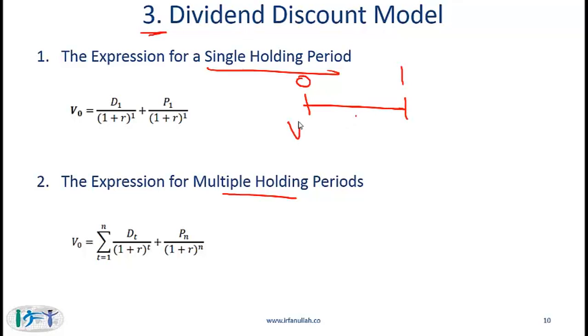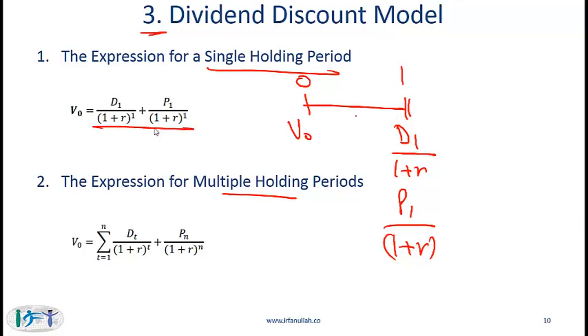So how do you come up with the value at time 0? It is simply equal to the present value of D1, plus the present value of the price that you expect at the end of period 1. So this is how you use the single period model.